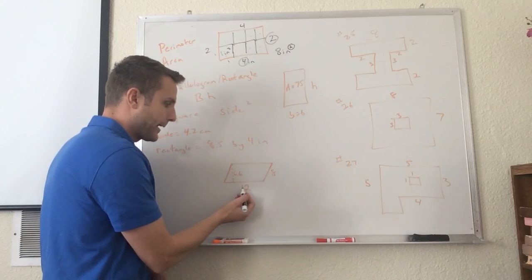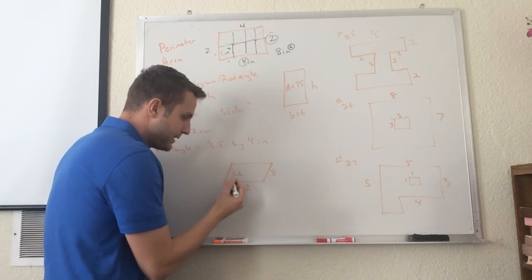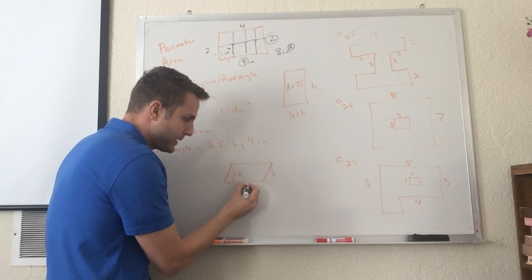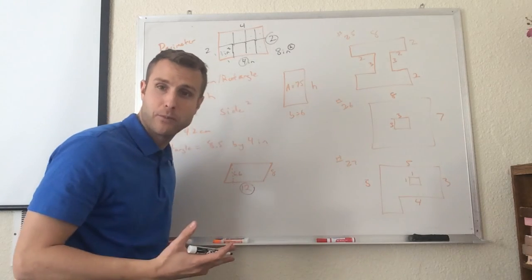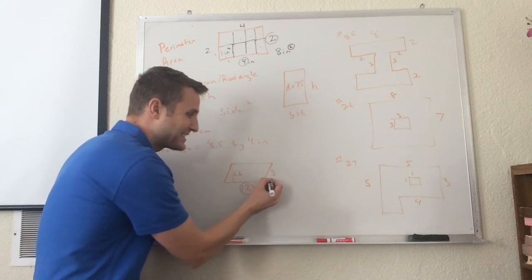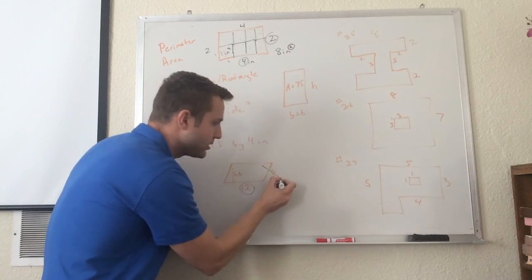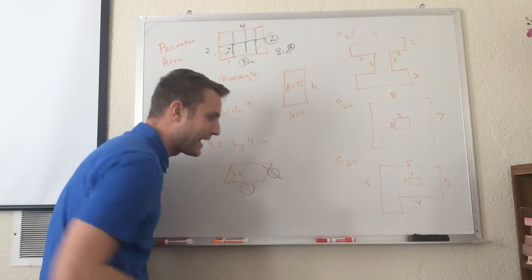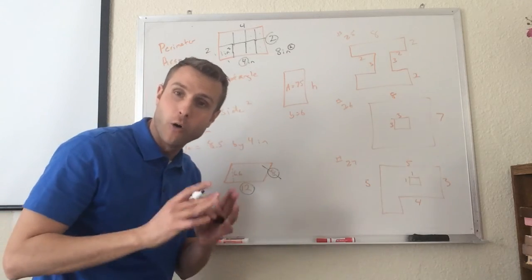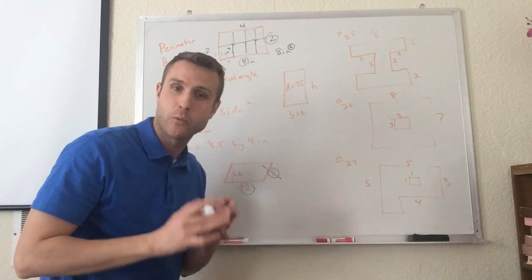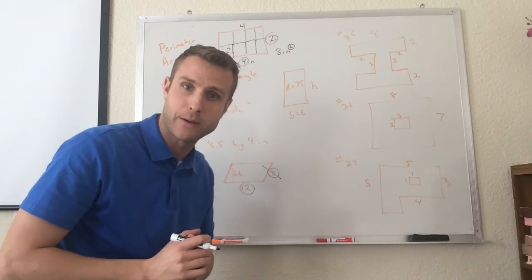In a parallelogram, this is going to be the base, 12. Now, this is very, very important. For a parallelogram, the side is not the height. You are never going to use this number on the side for area. So always ignore the side number when you are solving for area in a parallelogram.